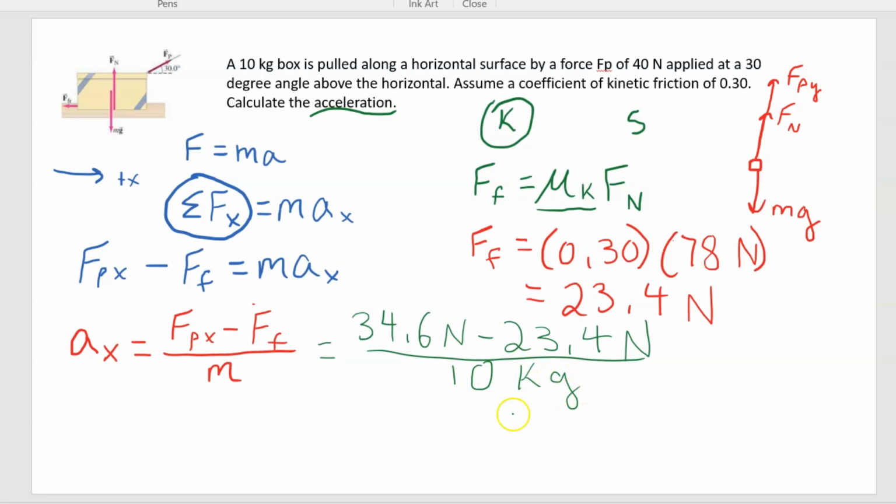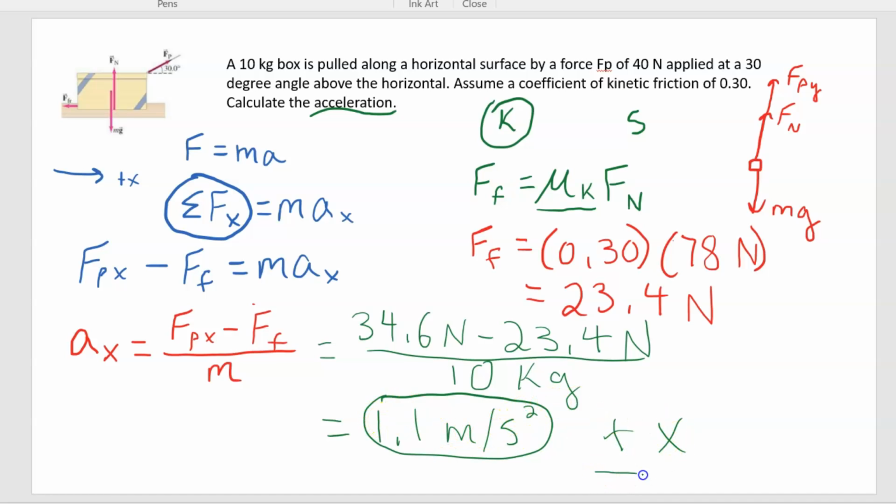Now feel free to check this in your calculator. We are now just plugging in numbers, and we should find something around 1.1 meters per second squared. What this is telling us is that this box, with this applied force being pulled up at this angle here, gives us 1.1 meters per second squared acceleration in the positive x direction.